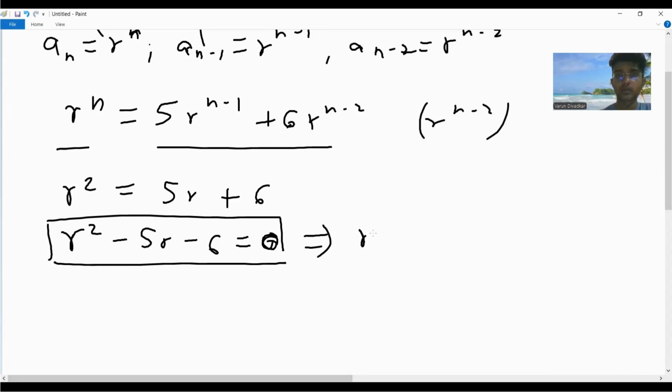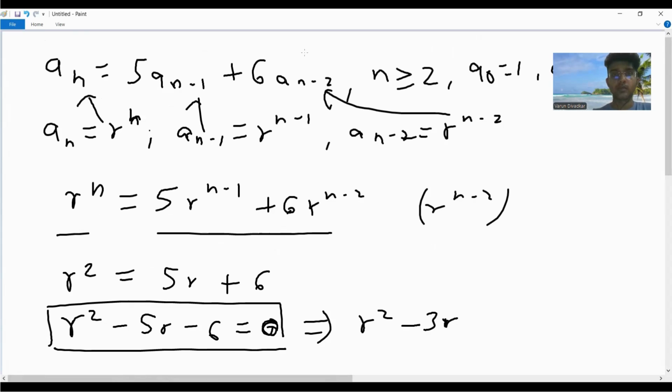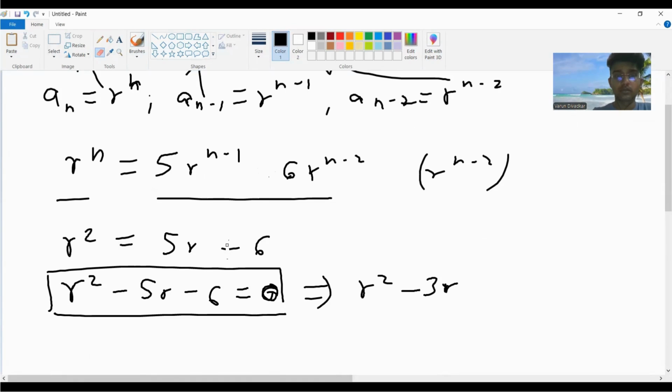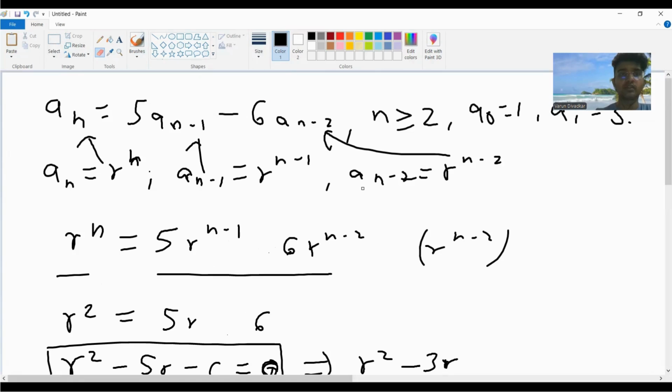Sorry, I made a mistake here. In the original equation, it should be a minus, not a plus.